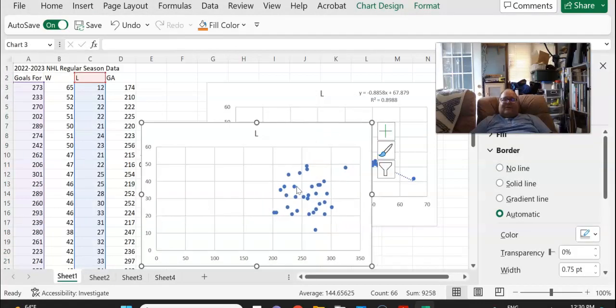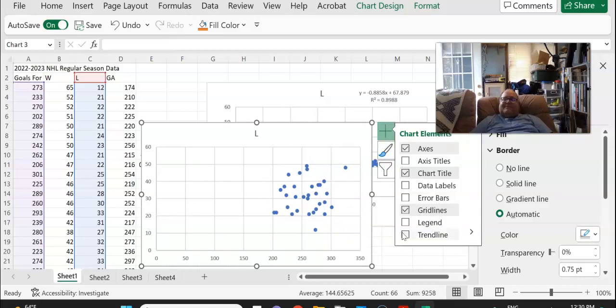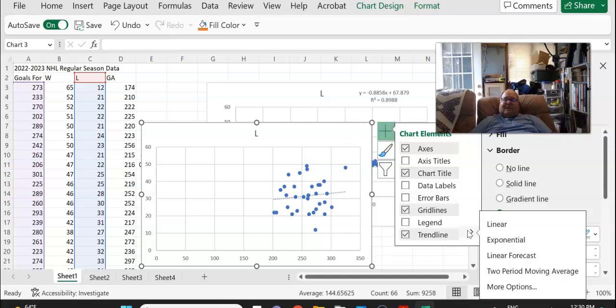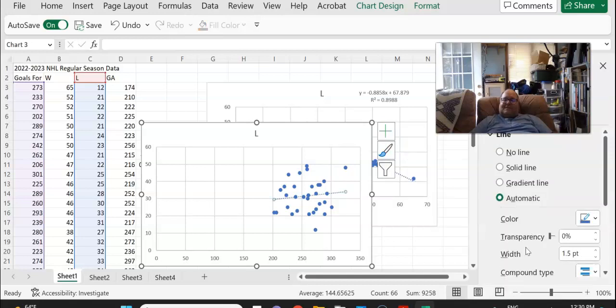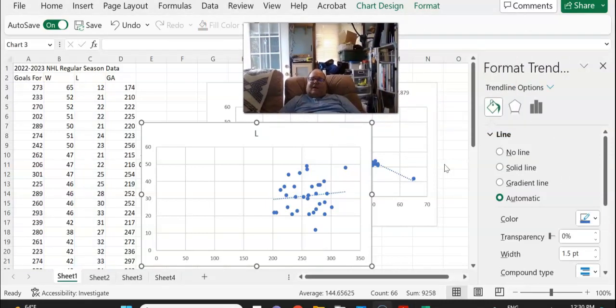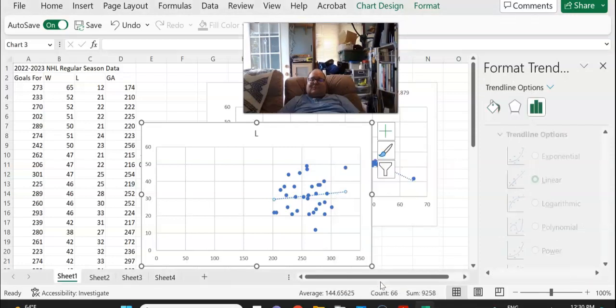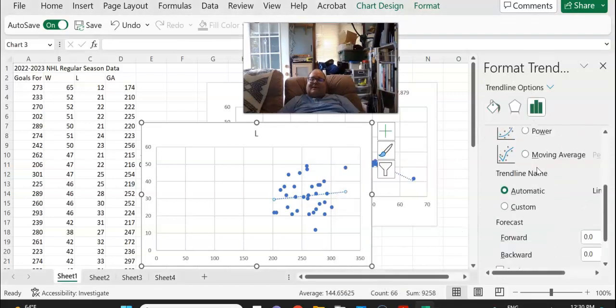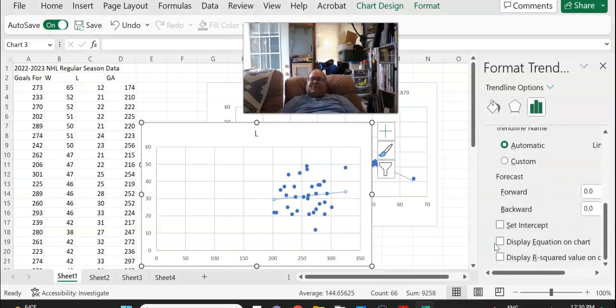So here we have a random looking cluster. We can try to add a trend line and more options. Format trend line, display equation, and display R squared value.